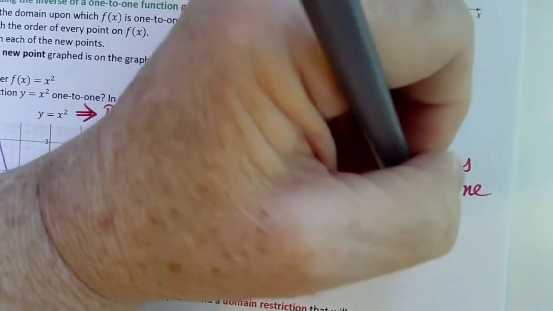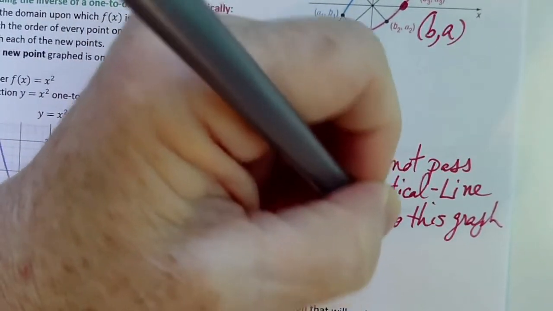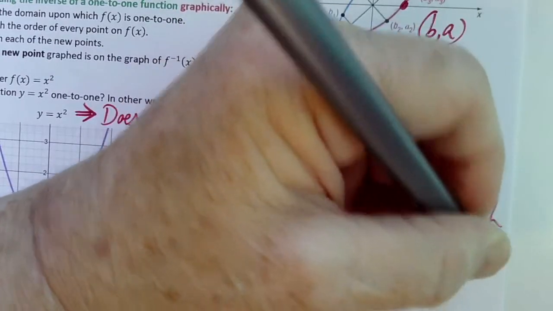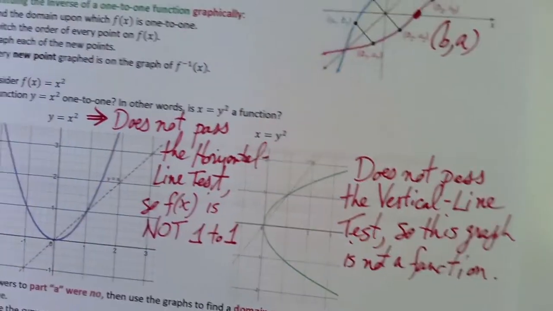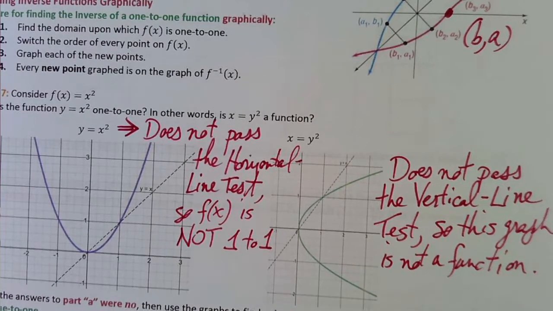So this graph is not a function. Well, we can't just not use f of x equals x squared. It's a really useful function. So what we need to do is restrict its domain.